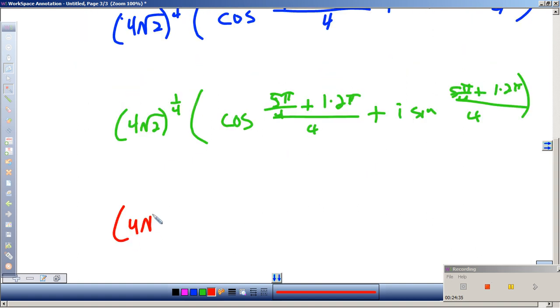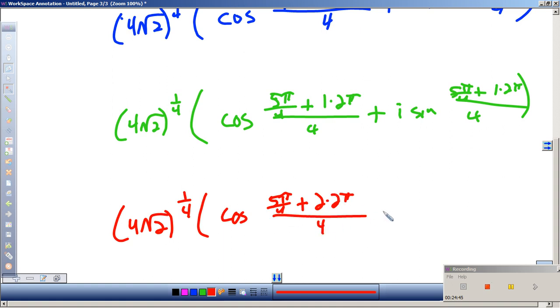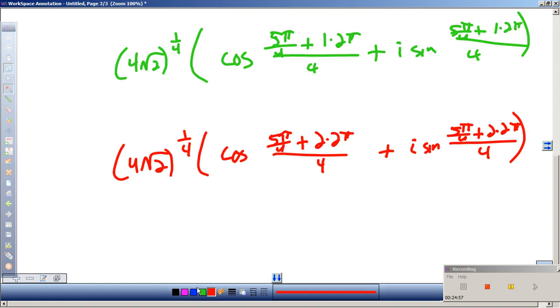So 4 square root 2 raised to the 1/4 cosine of 5 pi over 4 plus 2 times 2 pi over 4, plus i sine of 5 pi over 4 plus 2 times 2 pi over 4. And last one.